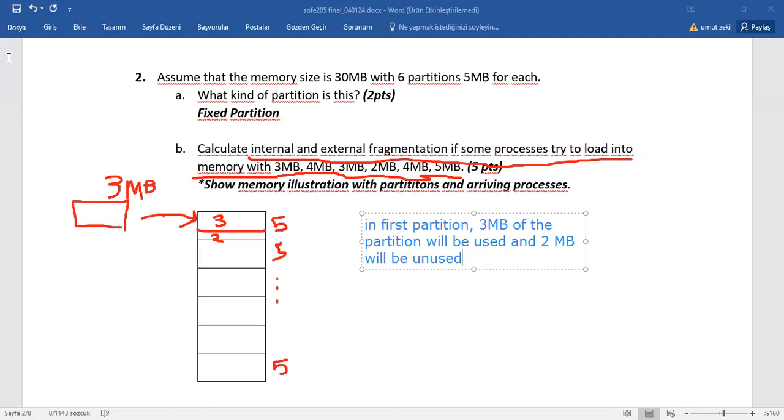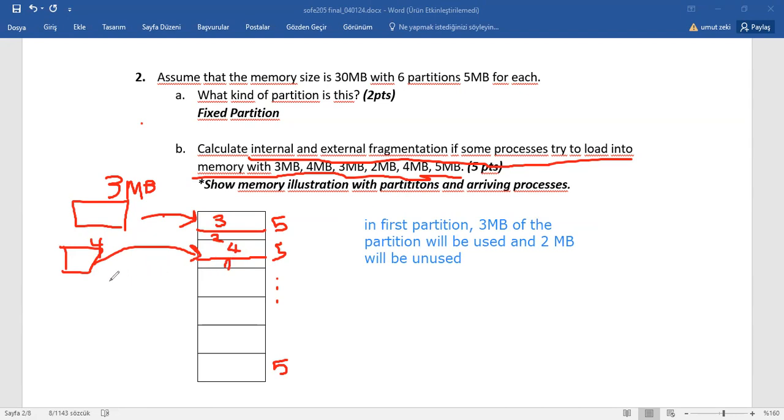Then it says the second is 4 megabytes. So a 4 megabyte process is coming to the second partition. So here we have 4 megabytes of memory used and 1 megabyte will be unused. It will be empty, in other words.